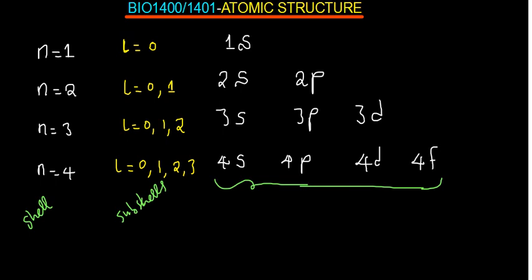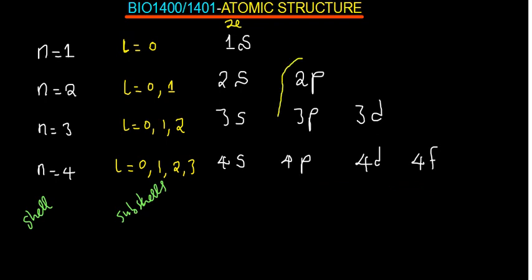Remember we talked about a shell being divided into subshells, and then subshells being divided into orbitals. What of orbitals? How do you find orbitals? Orbitals are given by the magnetic quantum number, which is ml. Now what I want you to understand for now is that the s orbital can only have 2 electrons.